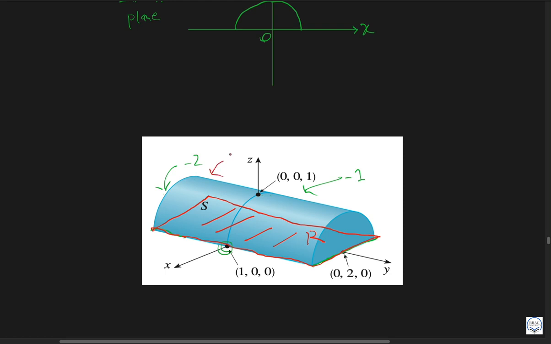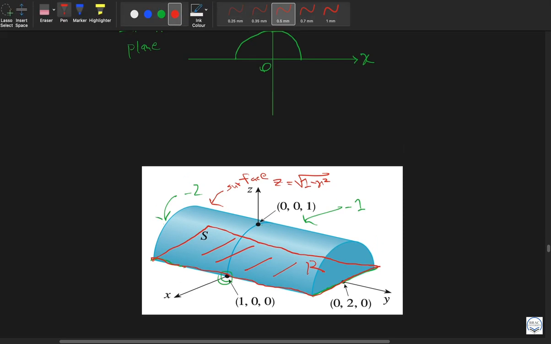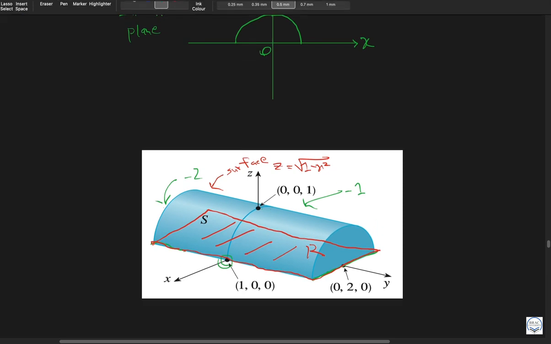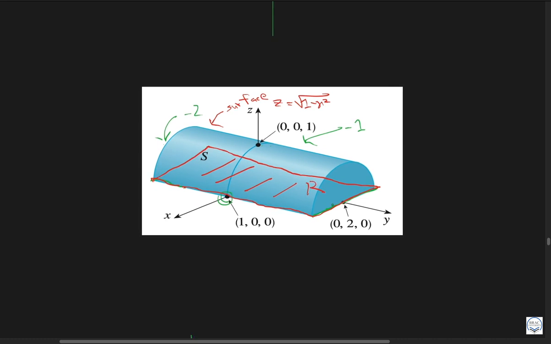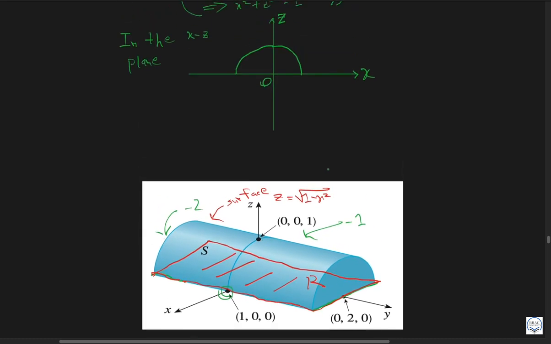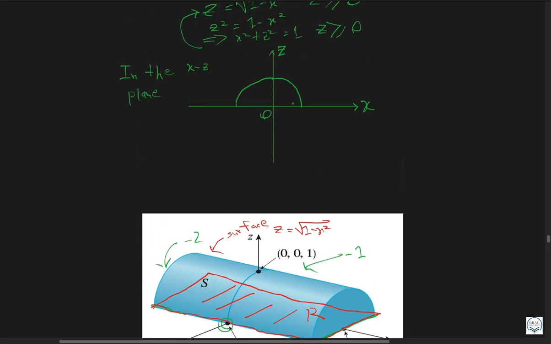So what the question is asking us to do is find the volume underneath this surface, because this surface is z equals square root of 1 minus x squared, over this region R, this rectangular region. We know that this is a half cylinder, which means that we can use the geometric formula for the volume of the half cylinder.